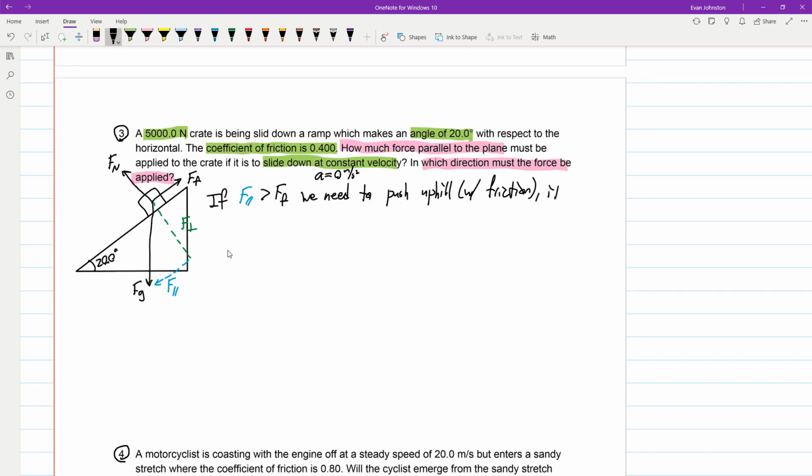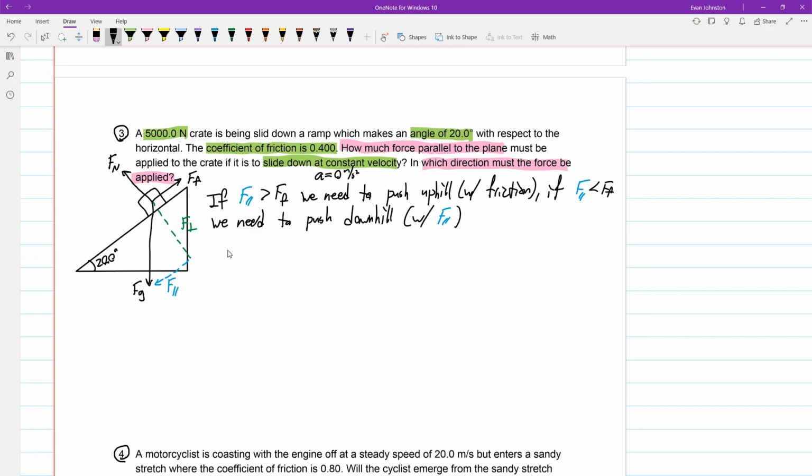But if our force parallel is less than the force of friction, we need to push downhill. That means with our force parallel. We need to make sure that they're even.